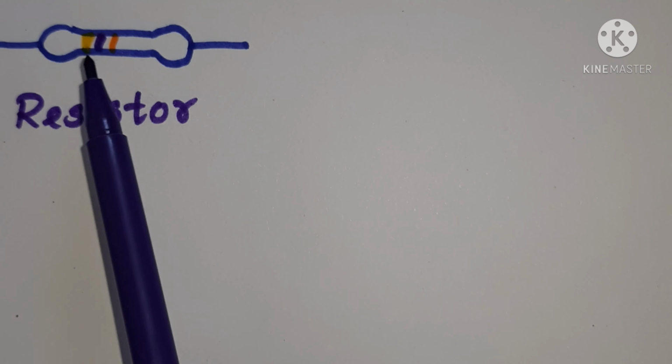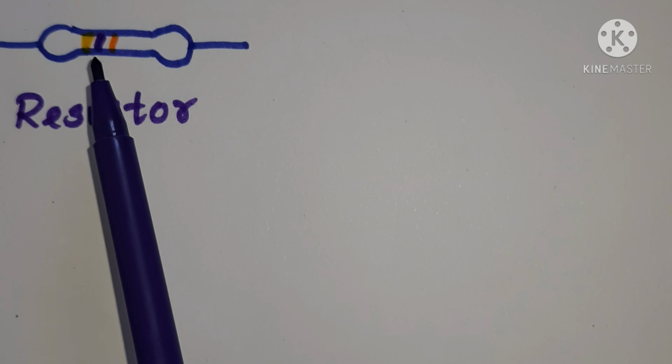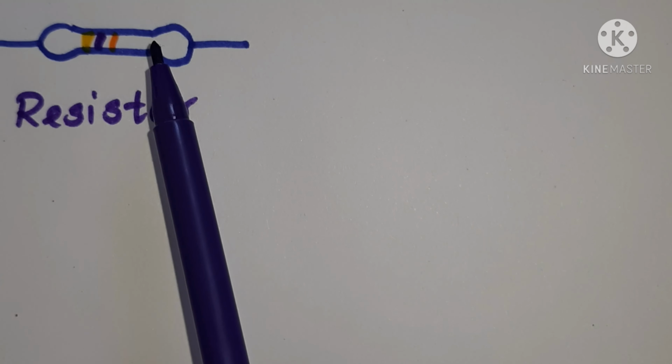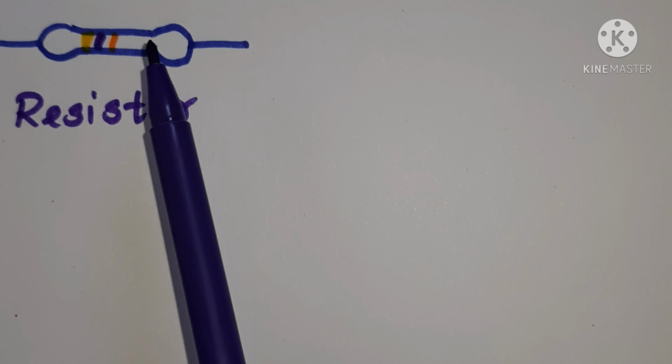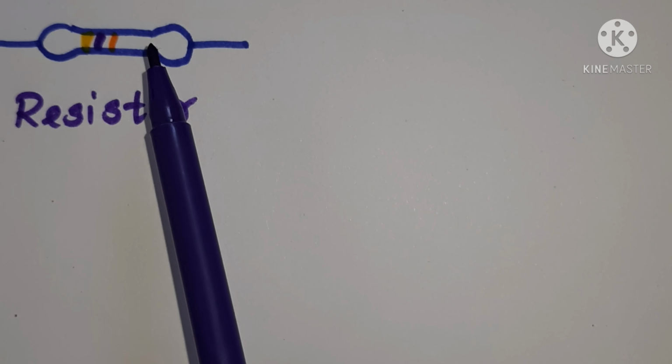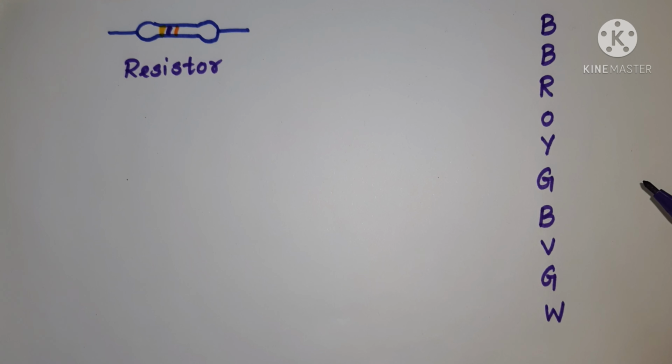The first two rings are significant figures of the resistance. The third ring indicates a decimal multiplier after them. Here we have the fourth ring. The fourth color, either silver or gold, shows the tolerance of the resistor, 10% or 5%.